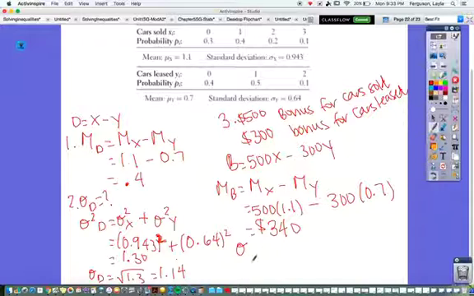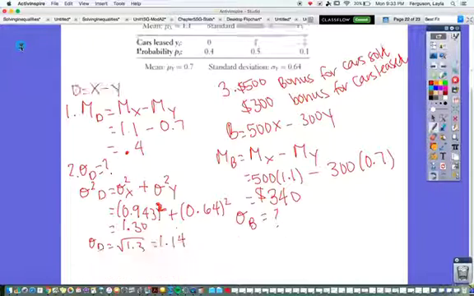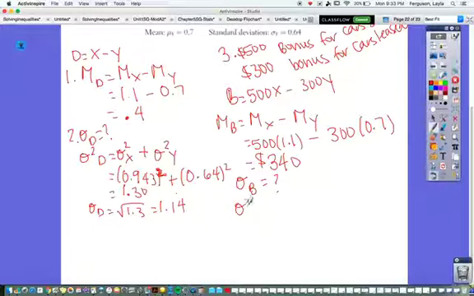We also need to find the standard deviation for the bonuses. Remember, you can't find the standard deviation for the difference in the bonuses directly. You have to first find the variance and then take the square root of it. So to find the variance for the bonuses, you would say 500 squared times 0.943 squared plus 300 squared times 0.64 squared.